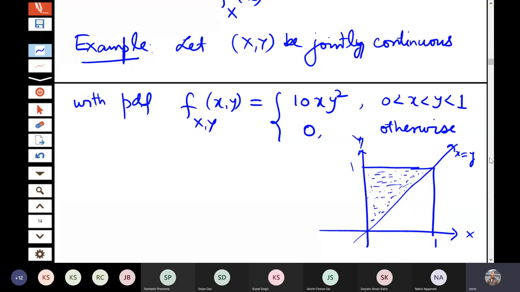Let us look at various things here. For example, I want to find out the marginal distribution. So what are the marginal distributions of x and y, etc.